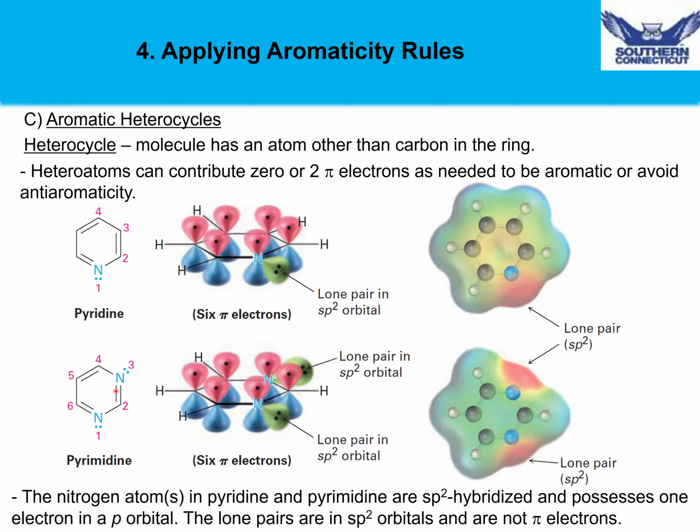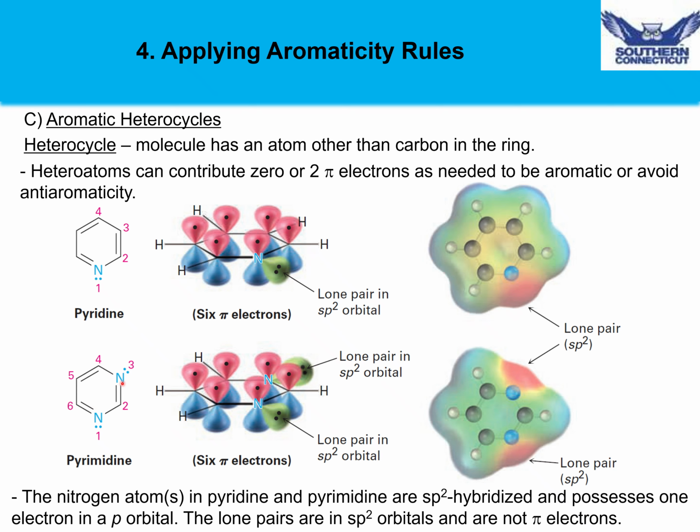Pyrimidine is a compound that again looks similar to benzene or even pyridine. We have 4 carbons and 2 nitrogens within the ring. Each carbon will have a double bond, and there's also a double bond here. So in total, there's 3 double bonds, or in other words, 6 pi electrons for this molecule.